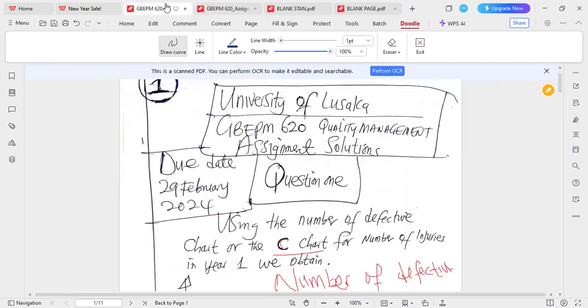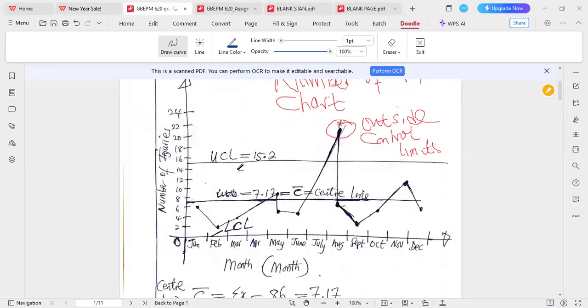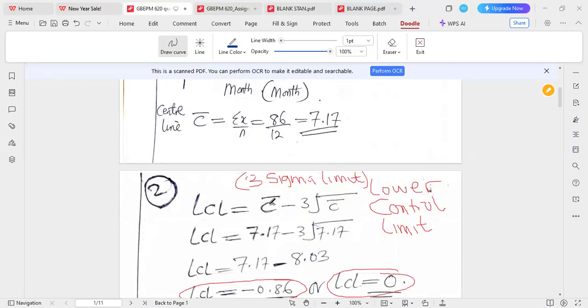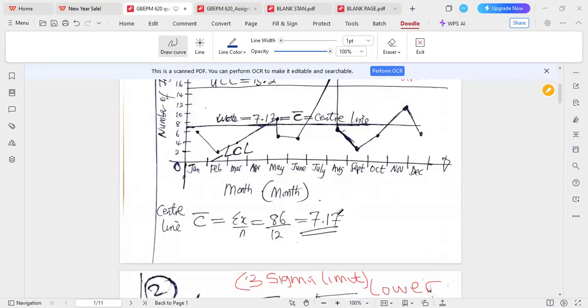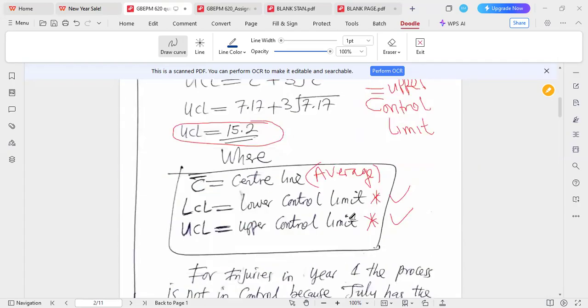The lower control limit is 0 and the upper control limit is 15.2. So 23 is outside the interval.